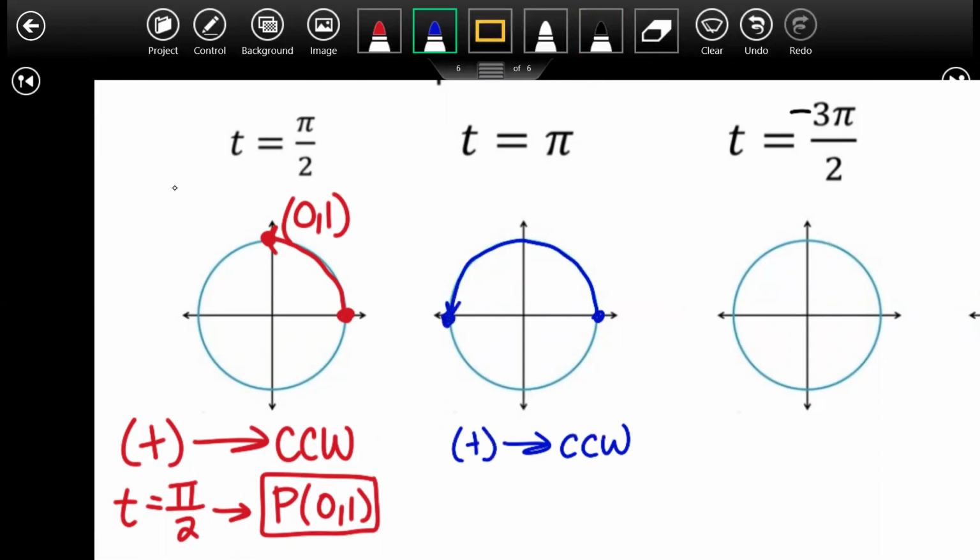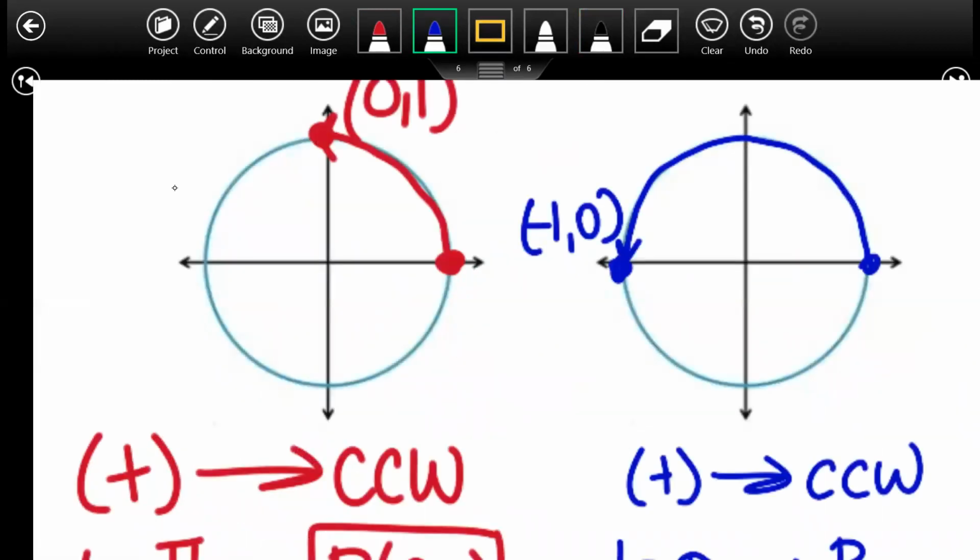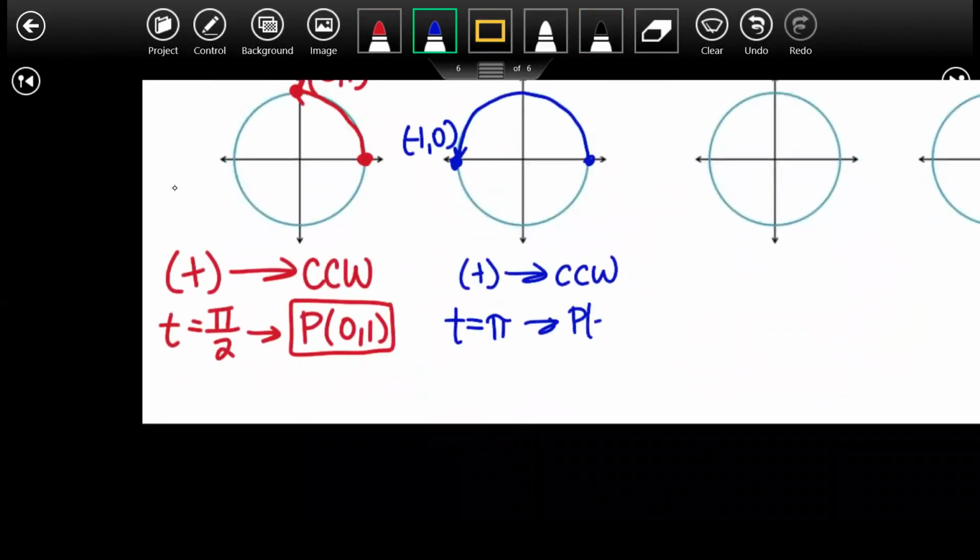Our terminal point is going to be there, which is going to be what value? Negative 1, 0. So T being pi is going to give me my terminal point of negative 1, 0. This is all you really got to do today. Find the terminal points that exist between these.